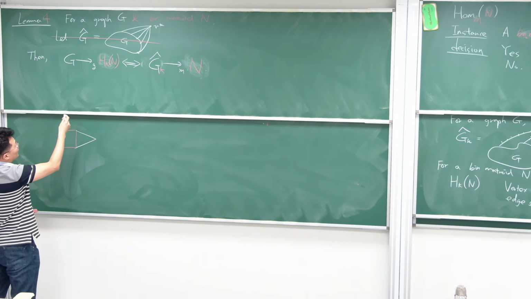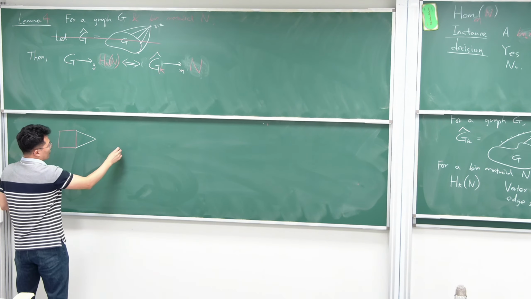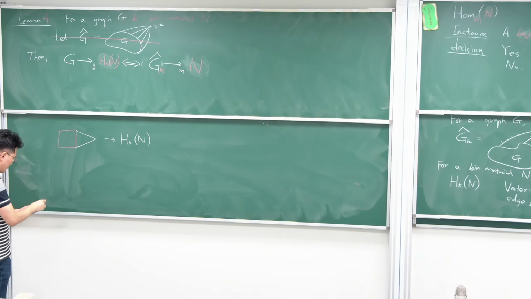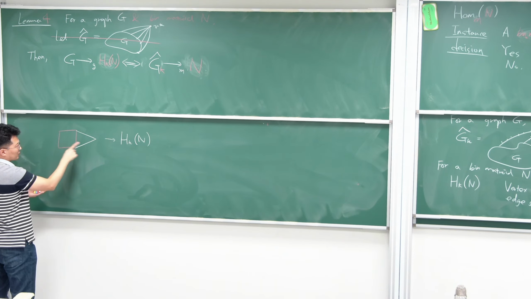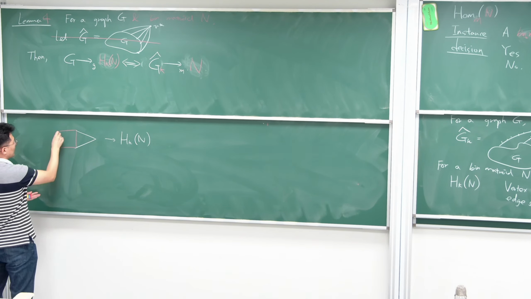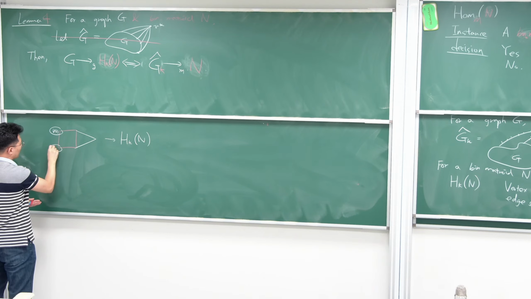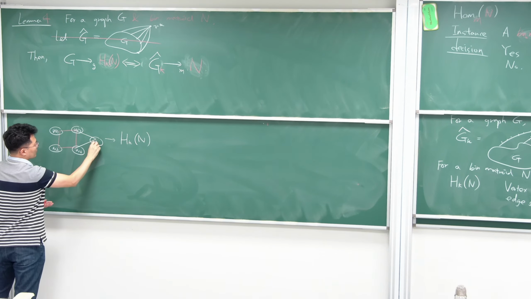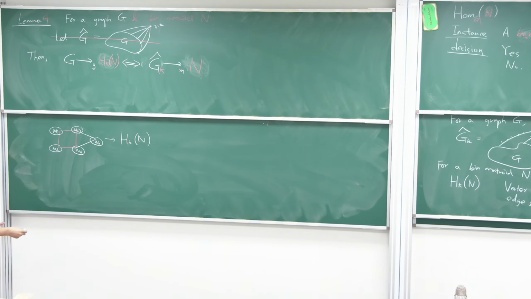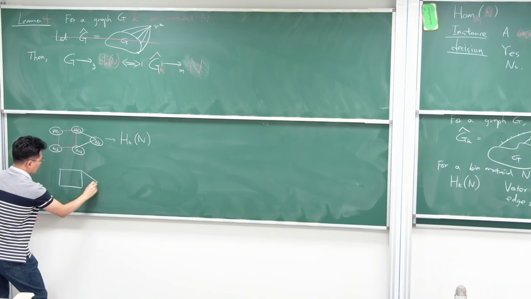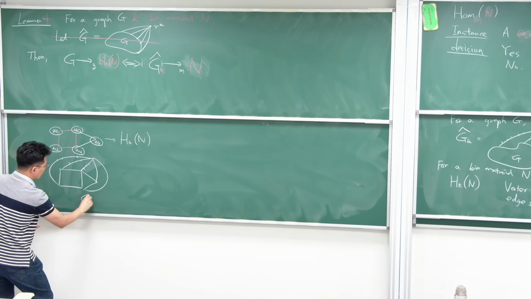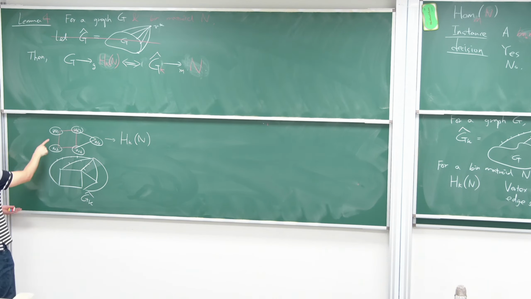So let's say that there is a graph homomorphism from G to H_K(N). So we can color each vertex with an element of H_K(N). So there are some W1, W2, and this is our G_K hat.